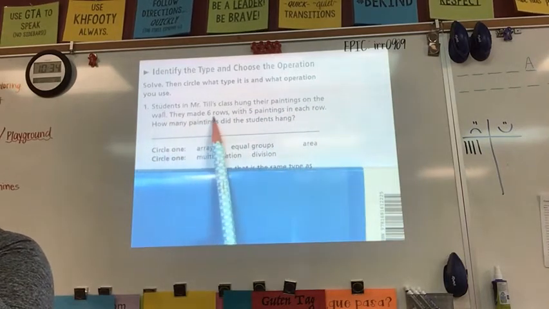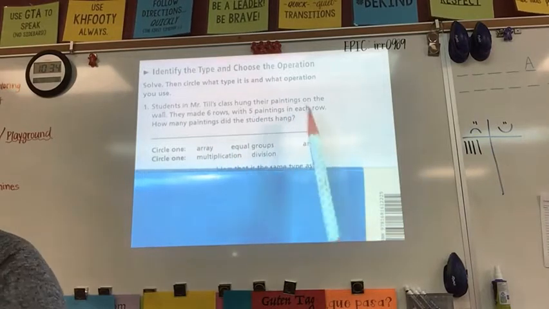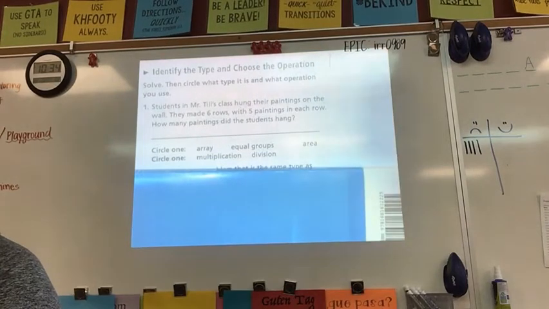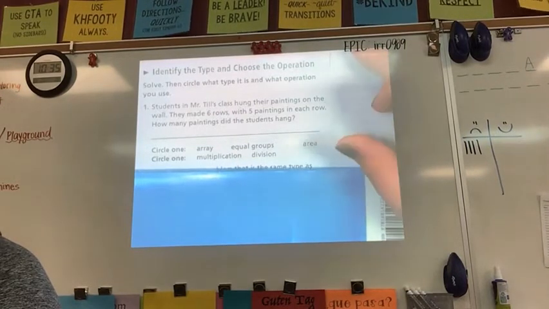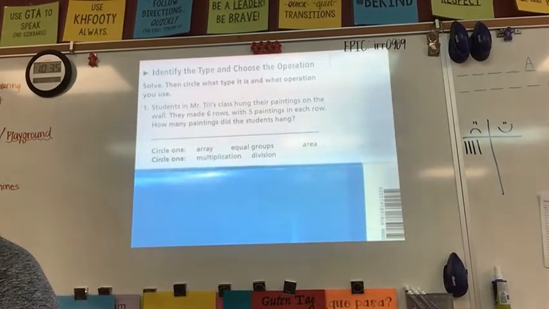They made 6 rows with 5 paintings in each row. I'm so sorry. I'm getting a point and I have to restart because I noticed 2 friends looking around that aren't with us. When I say we're reading, that's everybody. Are you ready? Yes, we are. Get your eyeballs up here, ready to roll.